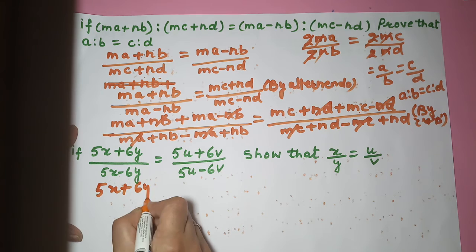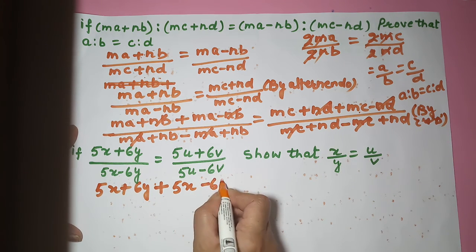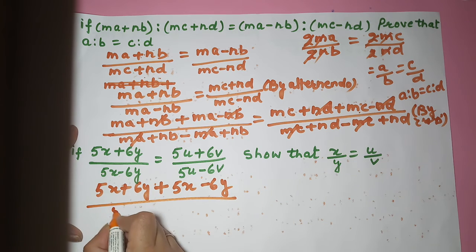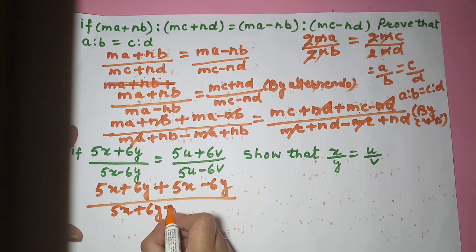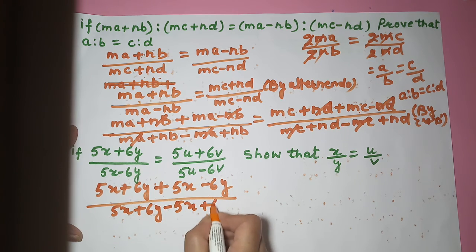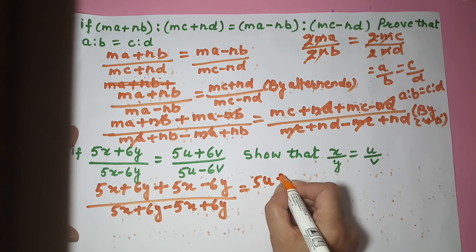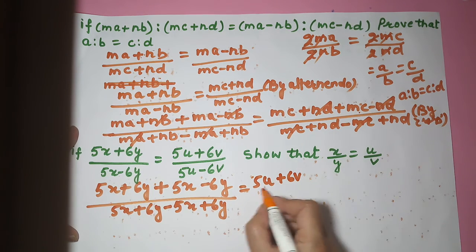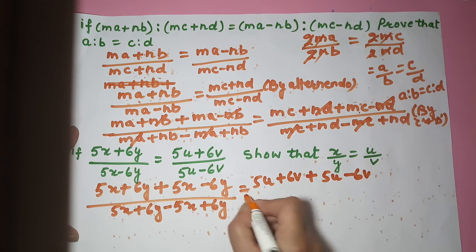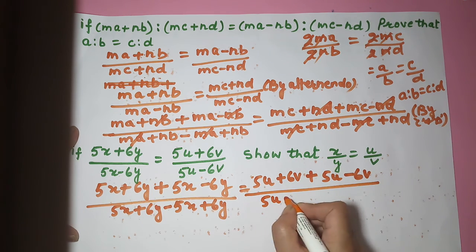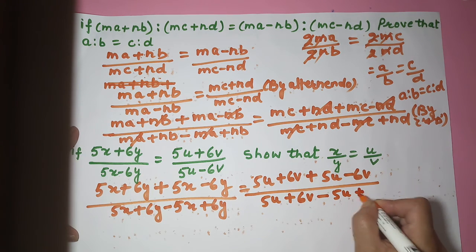I have two terms in the numerator plus denominator 5x minus 6y divided by numerator, that is 5x plus 6y minus denominator minus 5x plus 6y. Same thing here. I will get 5u plus 6v, that is numerator, plus denominator 5u minus 6v divided by numerator minus denominator plus 6v.